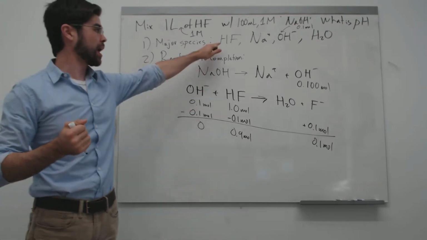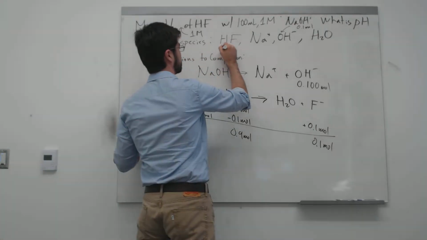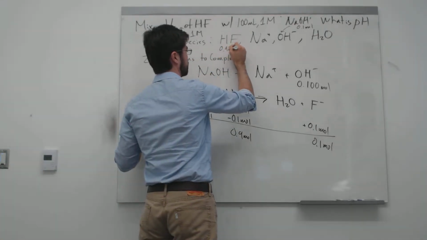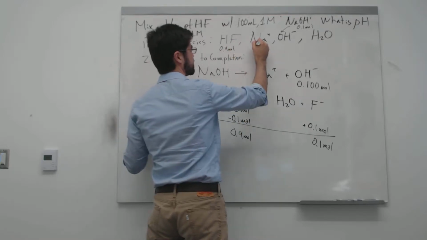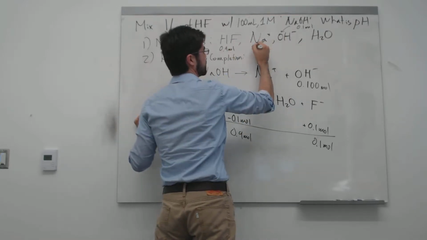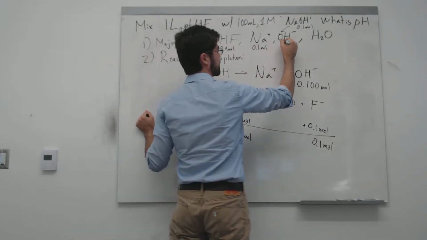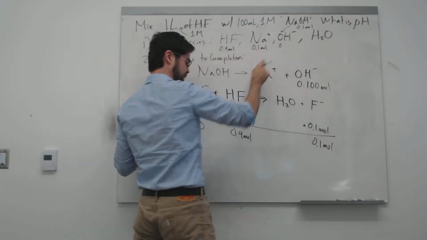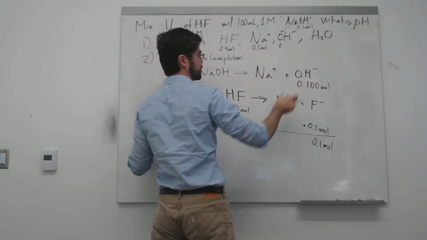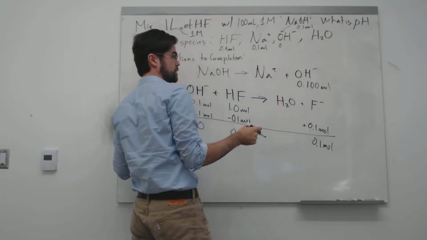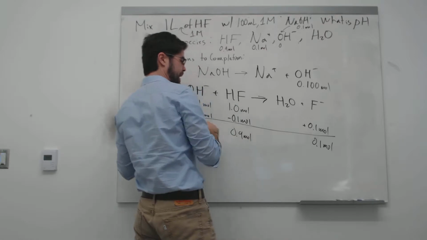So I'm going to copy all that up here. I know I have in solution 0.9 moles of hydrofluoric acid. Originally I had 0.1 moles of sodium hydroxide. I now have basically no hydroxide left over, and the rest of this is H2O.